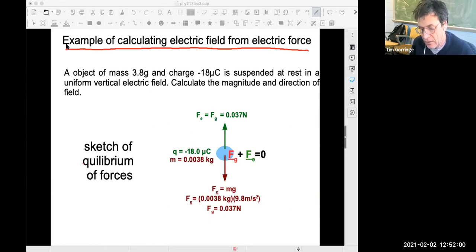Given that this object with a given mass and a given charge is suspended in midair, at rest and staying at rest, we've got to figure out what the size and direction of the electrical field is. So let's go ahead and do this. I think I might try this on the whiteboard.